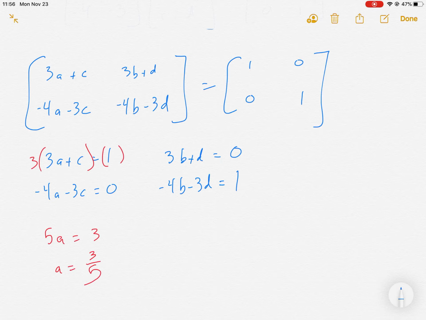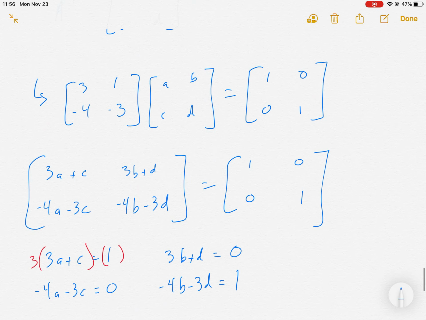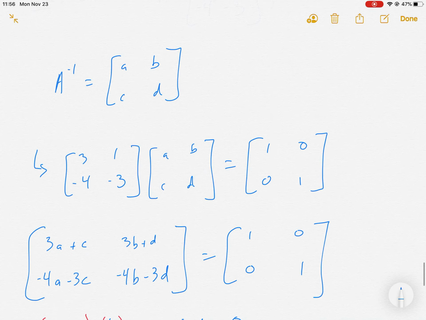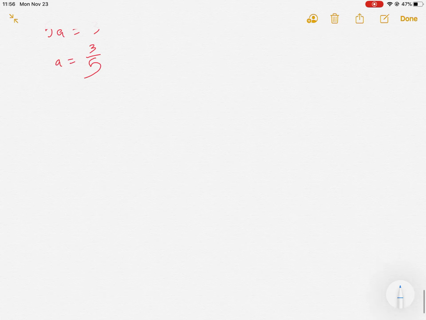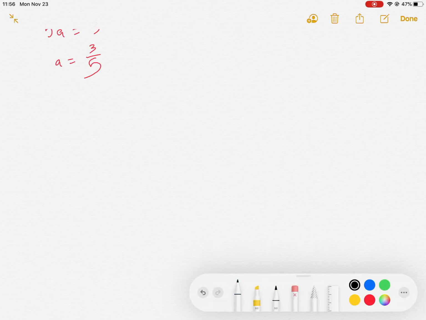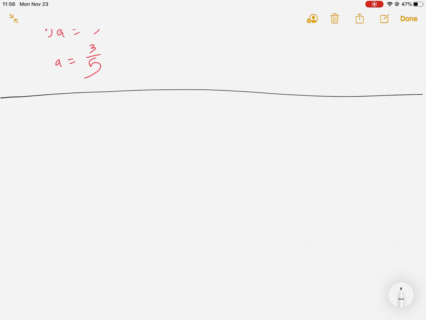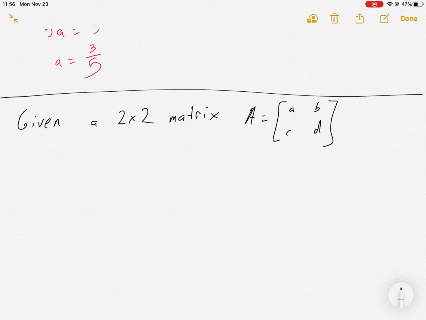But because I don't necessarily want you just solving a ton of systems of equations, I'm going to give you a nice formula for finding the inverse of a 2 by 2. And we'll spend more time with 3 by 3s later on. So let's just say we're given a matrix A, and I'll go back to A, B, C, and D in this case.